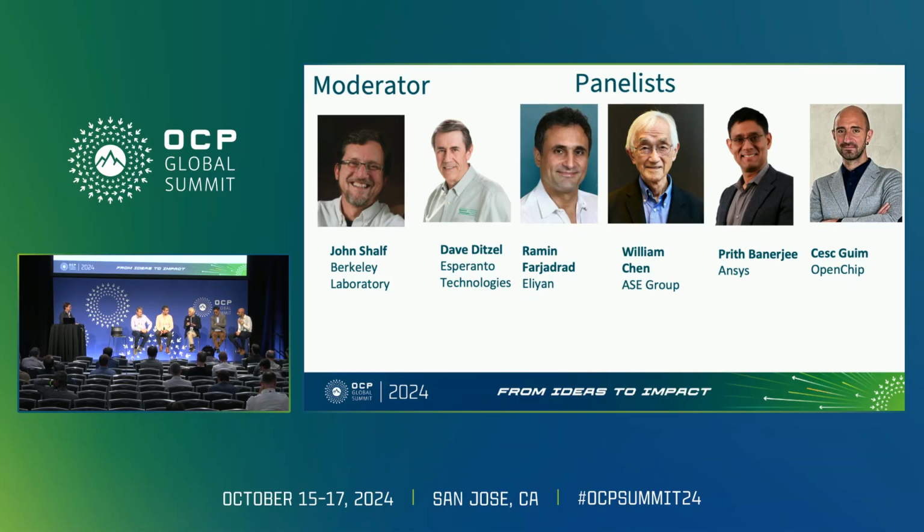Let me just give a simple case. Maybe about 10 years ago, ASC was the pioneer for copper wire bond. In that copper wire bond, the bonding interface is the weakest.